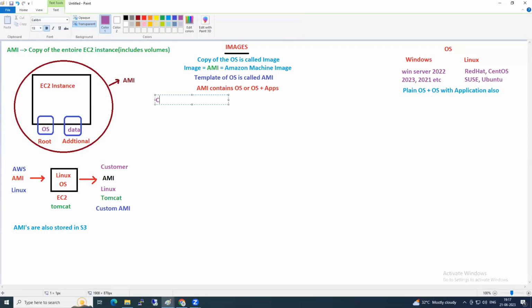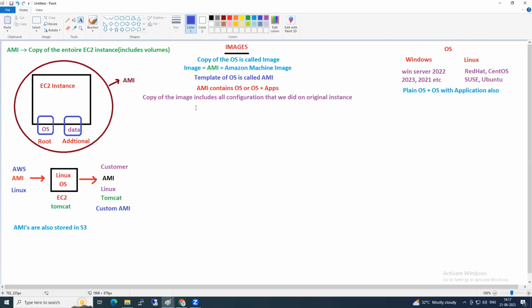So here, a copy of the image includes all the configurations that we did on the original instance. So if I take an image, it contains all the configuration that we did on the original instance.